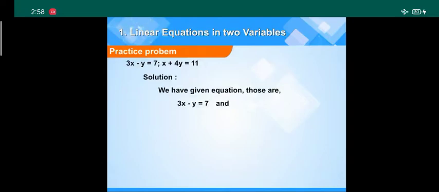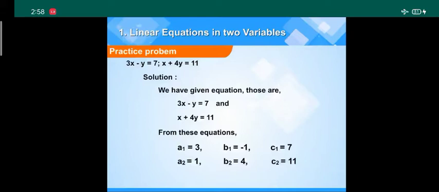Those are 3x minus y is equal to 7 and x plus 4y is equal to 11. From these equations, we get a1 is equal to 3, b1 is equal to minus 1, c1 is equal to 7. Similarly, a2 is equal to 1, b2 is equal to 4 and c2 is equal to 11.